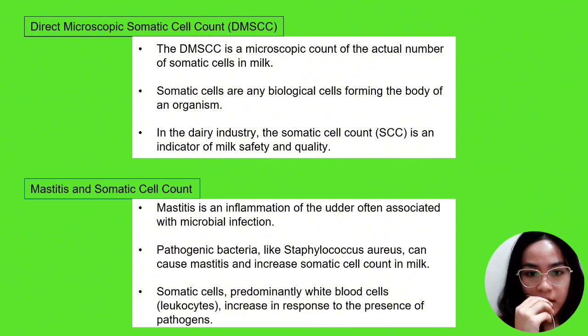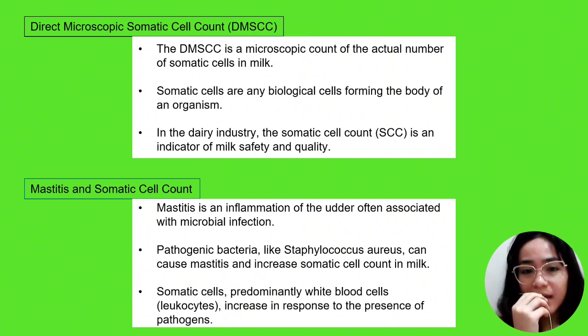DMSCC, or direct microscopic somatic cell count, is a method used to count the actual number of somatic cells in milk. Somatic cells are the cells that make up the body of an organism. In the dairy industry, the somatic cell count, or SCC, is an important indicator of milk safety and quality.